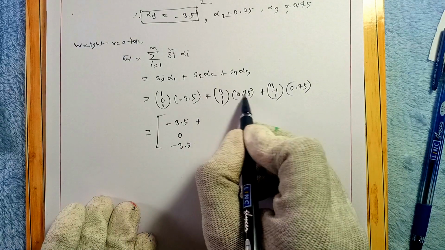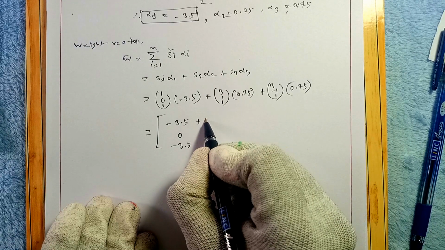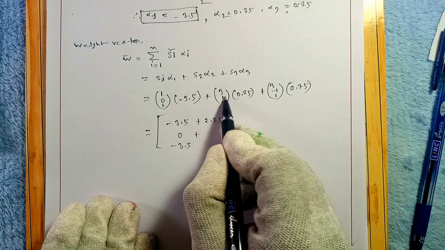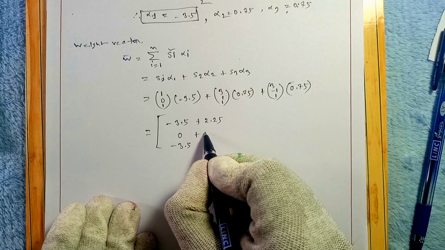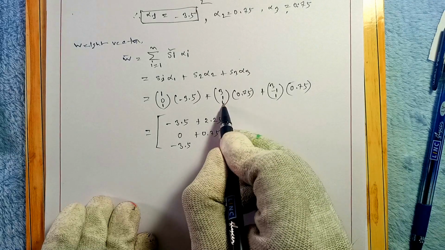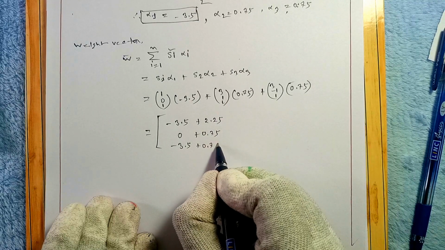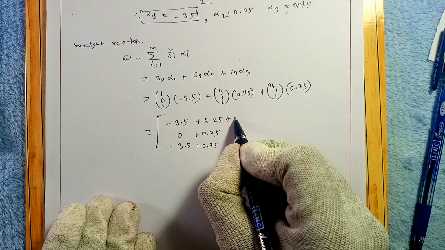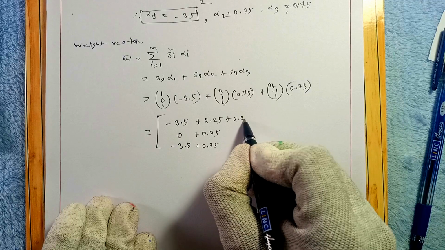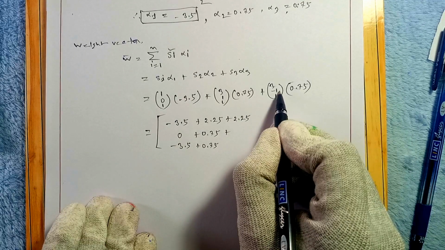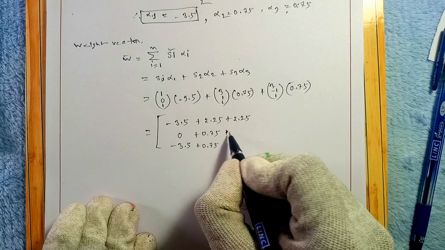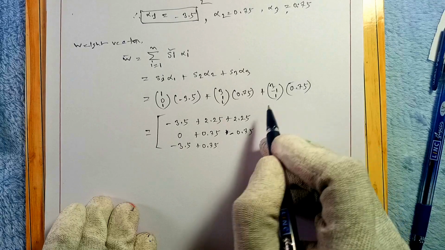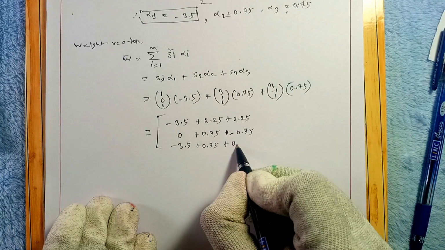Plus 3 into 0.75, the value is 2.25, then plus 1 into 0.75, and 1 into 0.75, plus 3 into 0.75 equal to 2.25, plus minus 1 into 0.75, so it will be minus 0.75 plus 0.75.